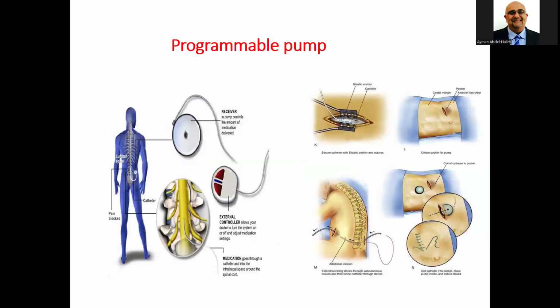Programmable pumps, as I said, are super sophisticated and expensive machines. They are implanted in the abdomen or the buttock area, away from the sciatic nerve. The catheter is threaded intrathecally to around T11.